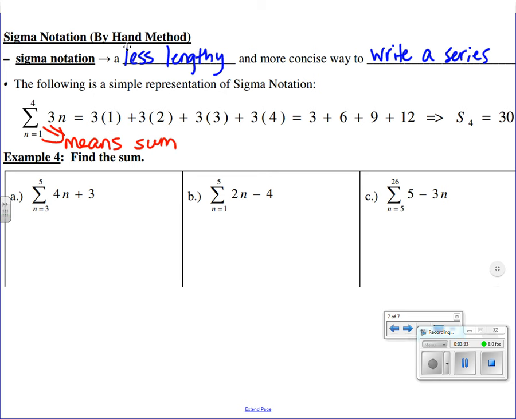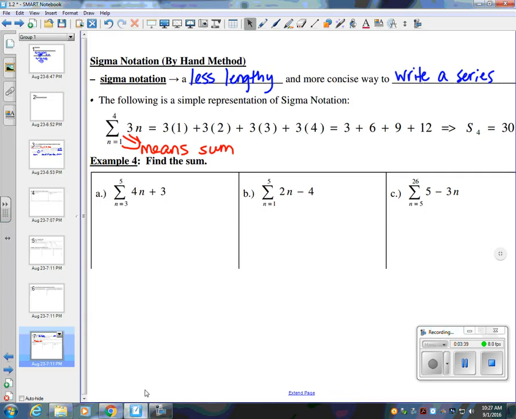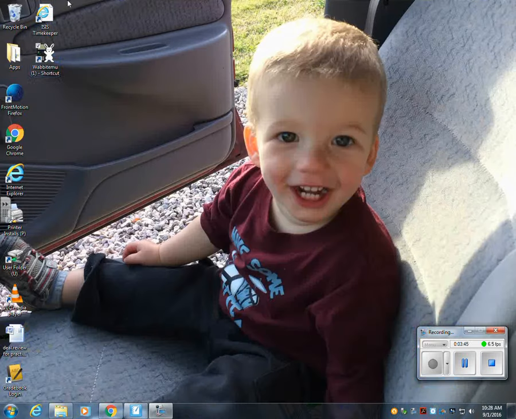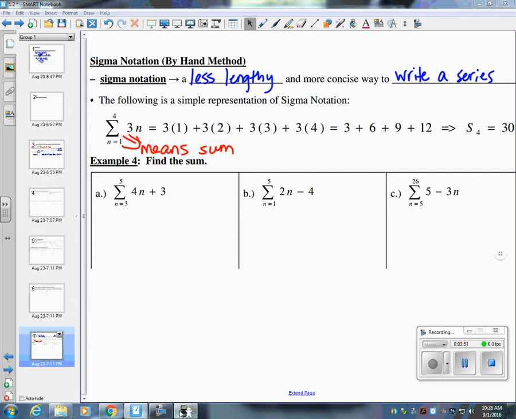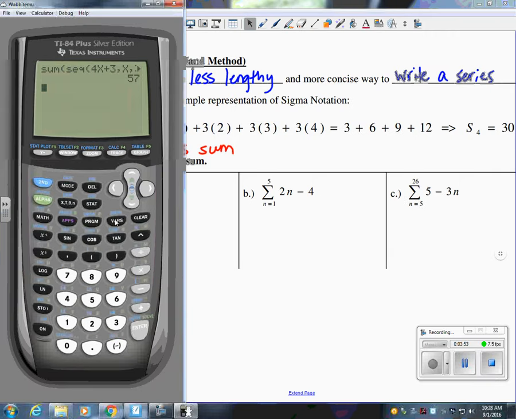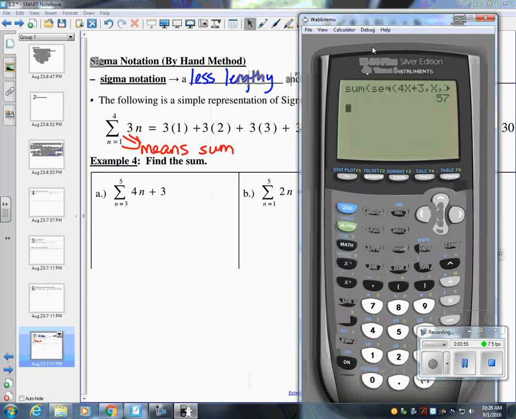All right. Let me show you how we're going to do that in the calculator, and we'll just start with this first example. In your calculator, this is new. You haven't done this before.